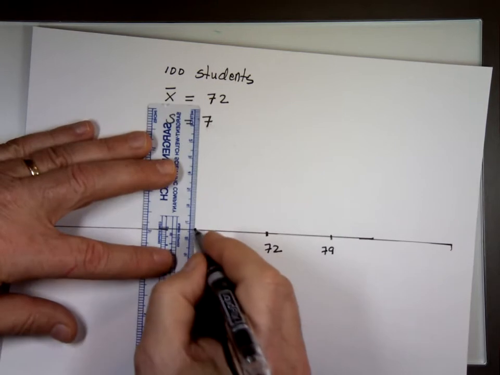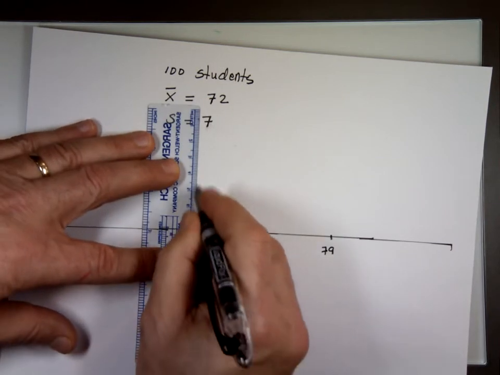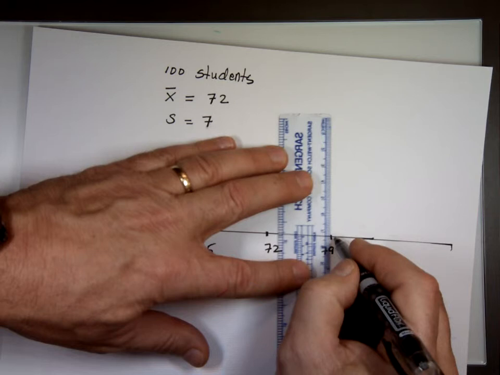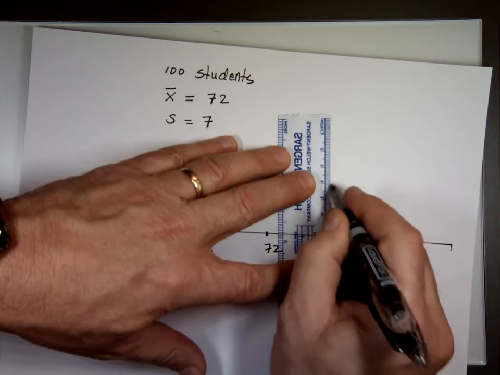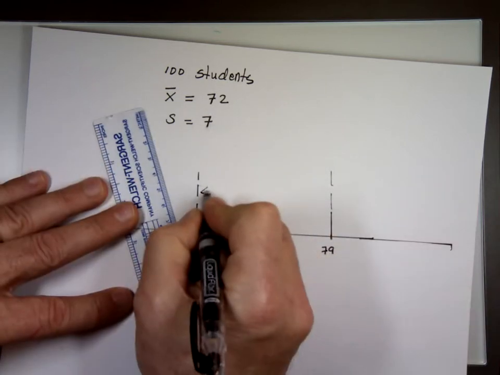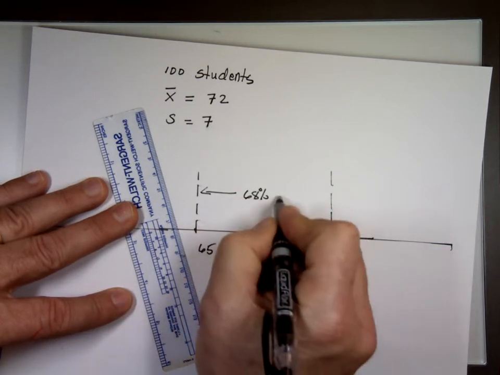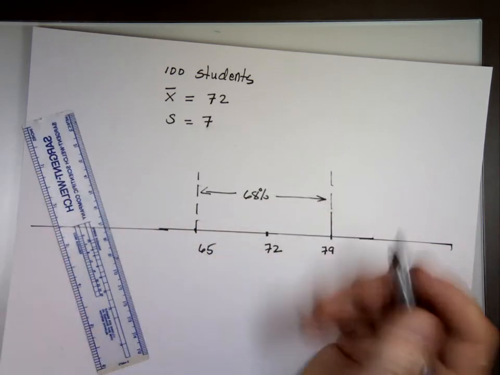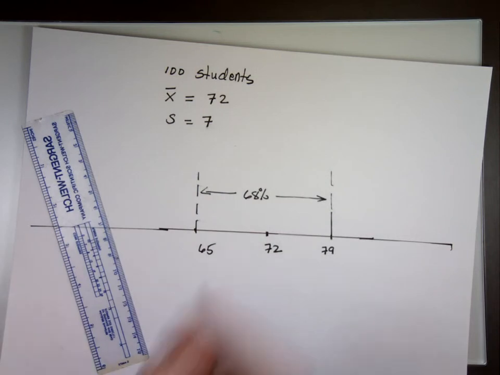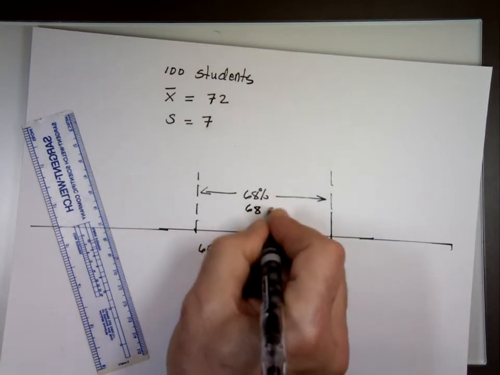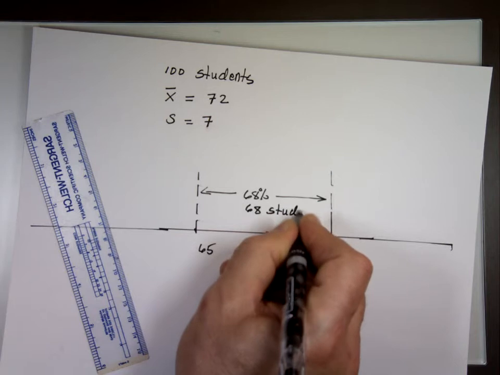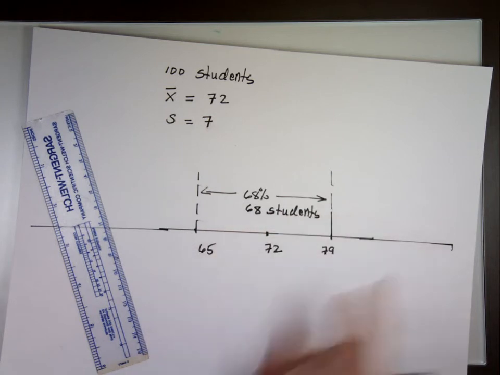That means right there, 68% of the class scores within these numbers. How many students? 68 of 100 students. 68 students here scored between 79 and 65.